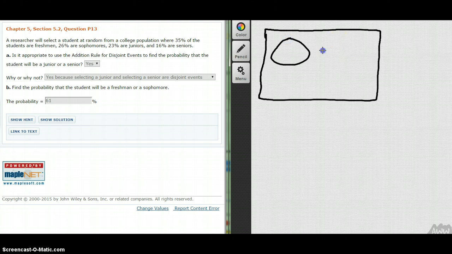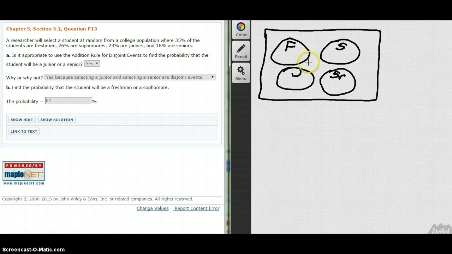What I'm going to do is draw the categories here. So this is freshmen, sophomore, juniors, and seniors, like that. And notice that they're not overlapping at all, meaning that we can just use the rule for disjoint events.